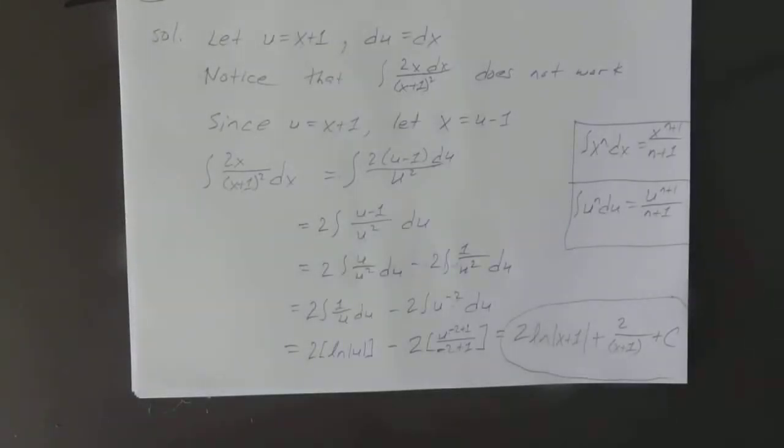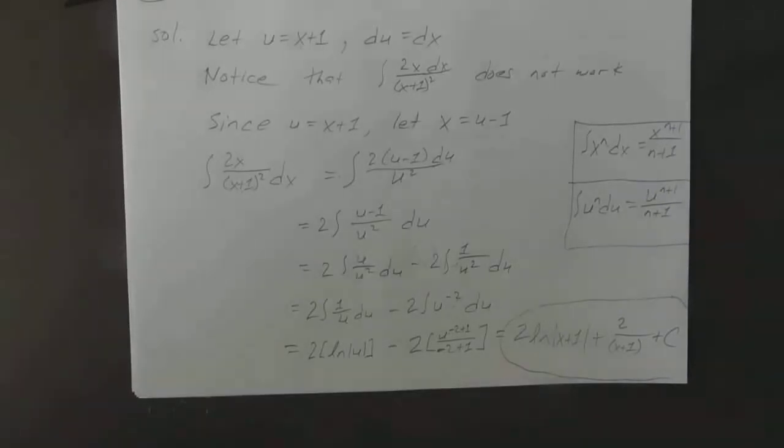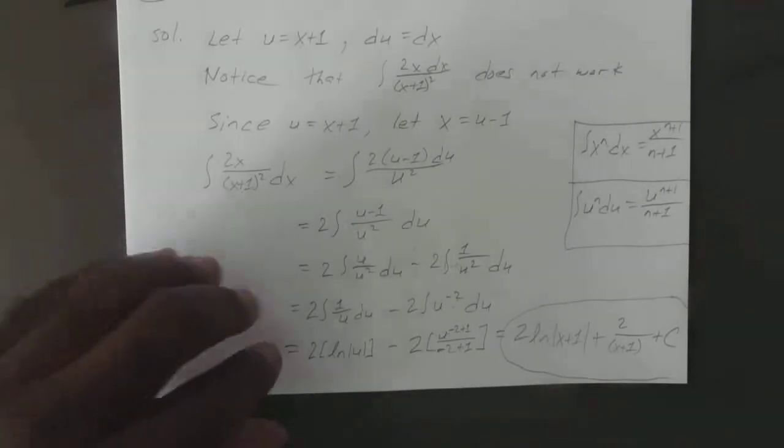If you run across one that doesn't work, you'll have to manipulate it, but most of the time it'll work. Most likely you just have to find your u and your du, and you might have to multiply or divide du by a constant, just to make it fit. All right, any other questions on this one?